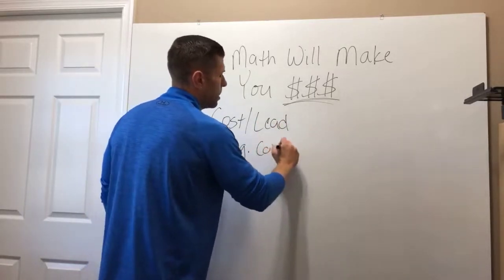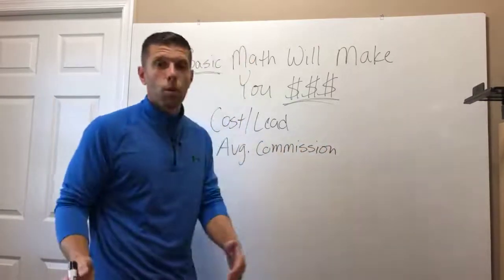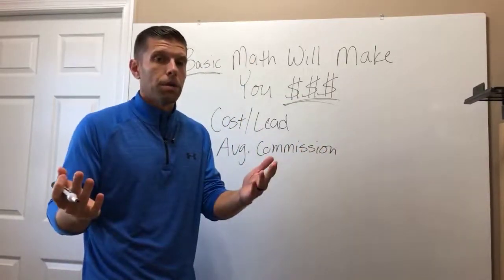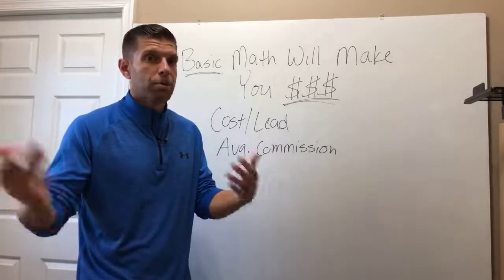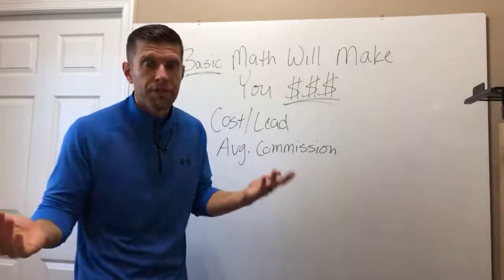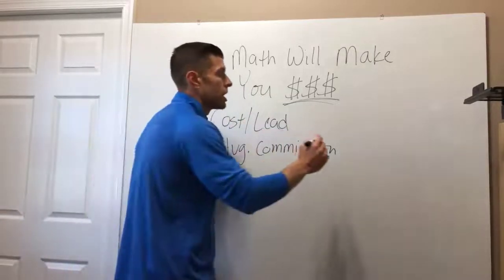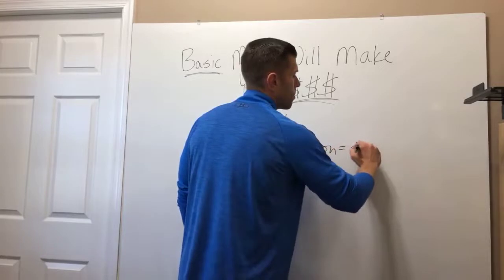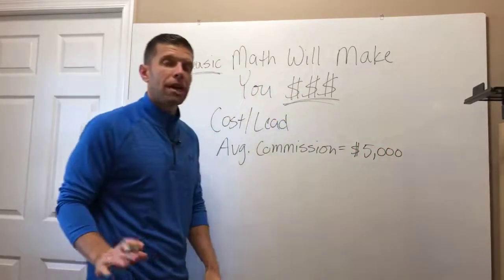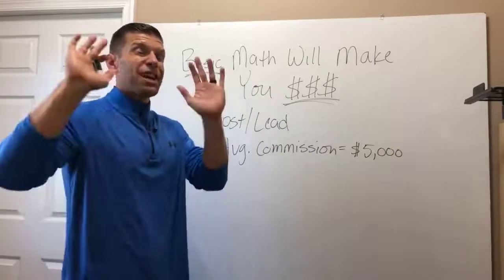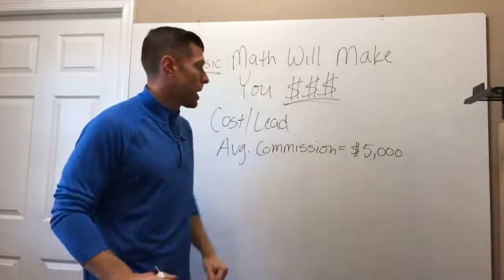Now, obviously, we have people all throughout the U.S. and Canada watching this, and in some markets the average home price is $900,000 to $1 million, and somewhere it's $150,000. For simplicity's sake, we're going to use an average commission check of $5,000. Extremely conservative, right? Extremely conservative number, okay?